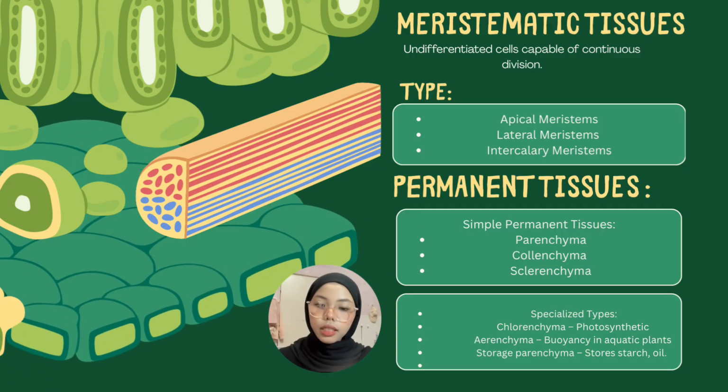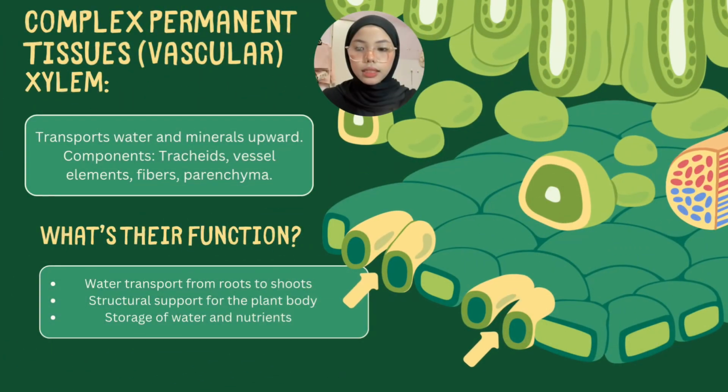The third one is storage parenchyma. It stores starch and oil. The next one is complex permanent tissue, which is xylem, that transports water and minerals upward. It has four key components: tracheid, which is an elongated cell with tapered ends, vessel element, which is a wider cell with a perforated end wall, fiber, which provides mechanical support, and parenchyma, the living cells for support.